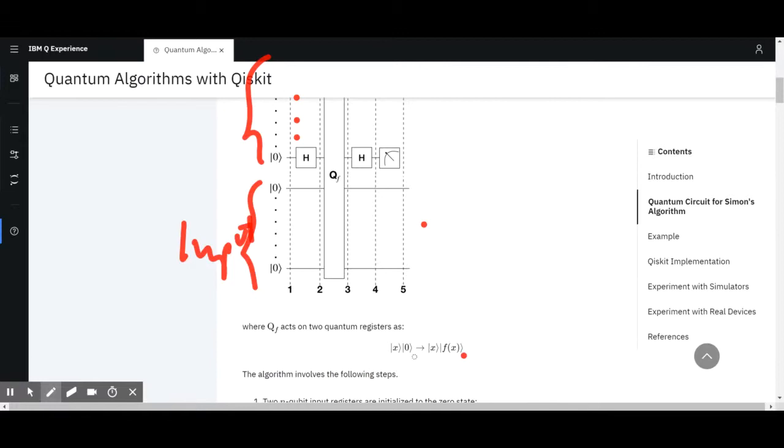It's not exactly that it applies the function, but it kind of does, by taking x and then applying the value of f(x) on that.